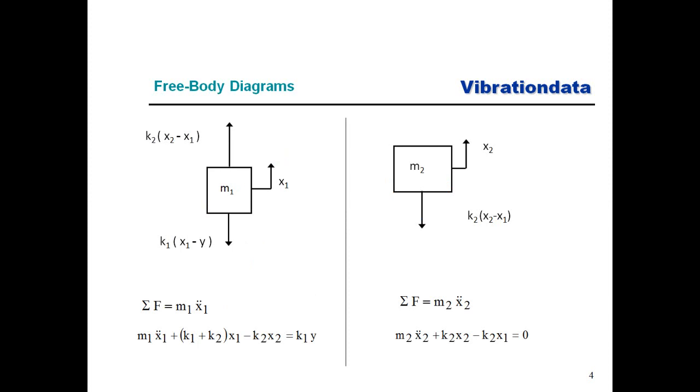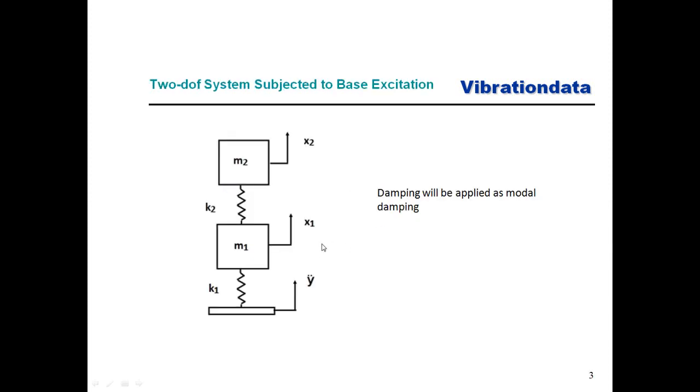So the next step is to draw up free body diagrams. On the left we have mass 1, which is the bottom mass. Oh, by the way, let me go back and mention something. This particular diagram here is sometimes referred to as two-stage isolation. So imagine that we have a mass that we want to protect, and we could mount it via a spring or even an isolator to, say, a ballast plate or base plate of some sort, and then that base plate itself is mounted via a spring or isolator.